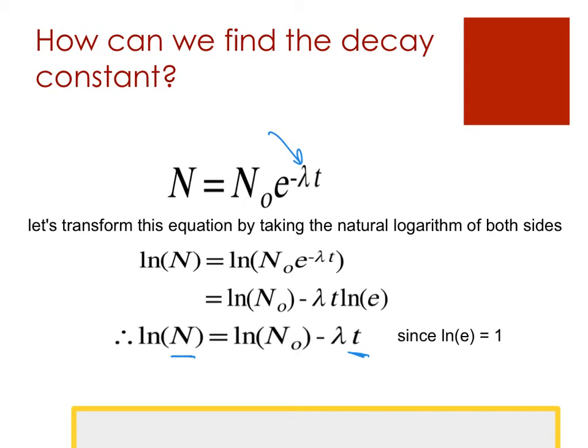And now that I don't have any exponents and I don't have any powers or things like that, if I put the value ln N on my y-axis and I have t on my x-axis, I'm going to get a linear equation. I'll get a straight line. y equals mx, and here's my b.